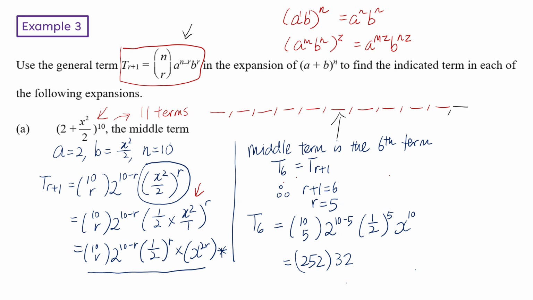We can just use the calculator to evaluate this whole thing so that we don't have to keep writing so much. 10 shift nCr 5 times 2 to the power of 5 times bracket 0.5 close bracket to the power of 5. That gives us 252 x to the power of 10. So this is our term. Okay, this is how we do it.